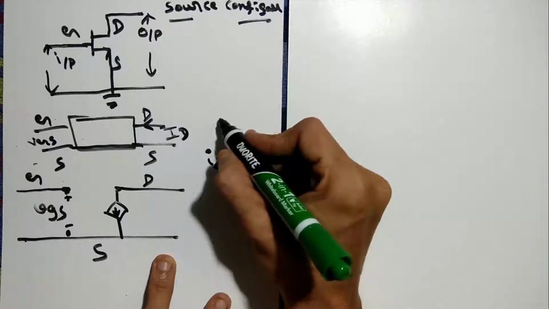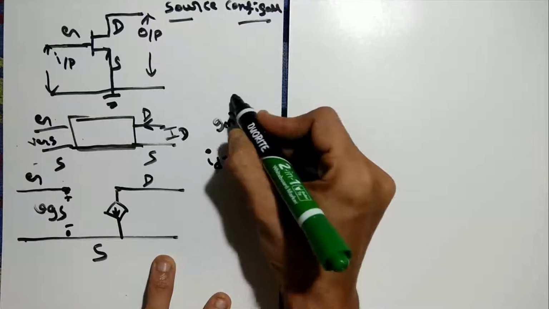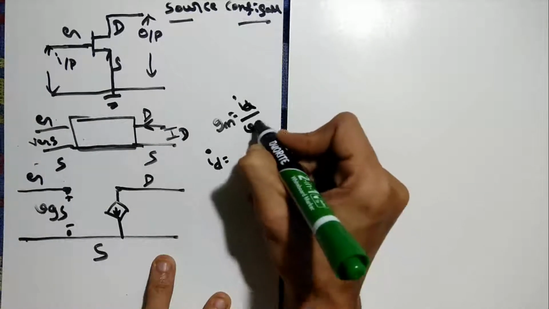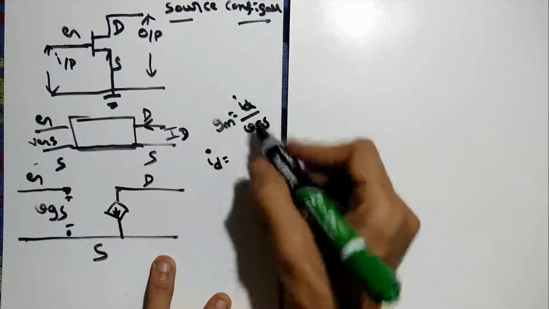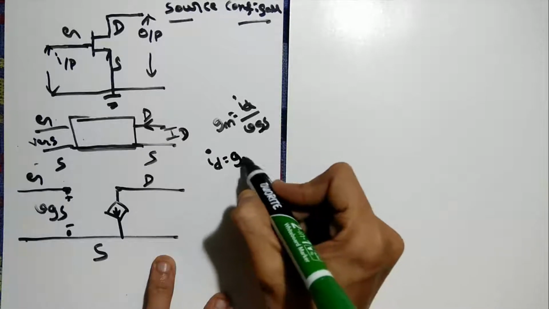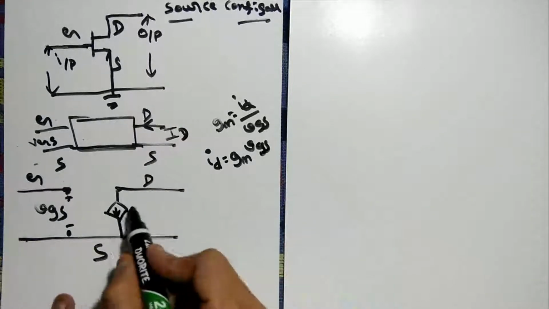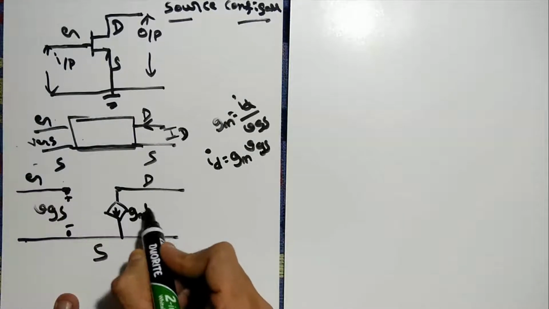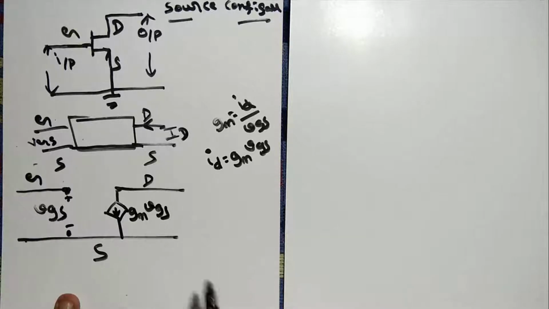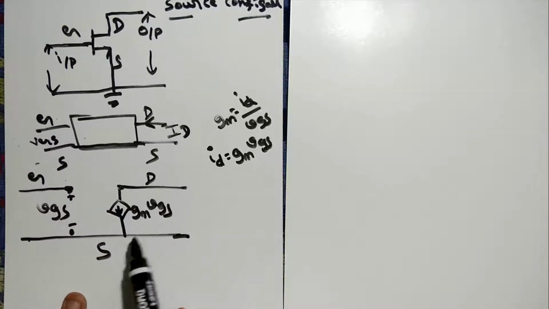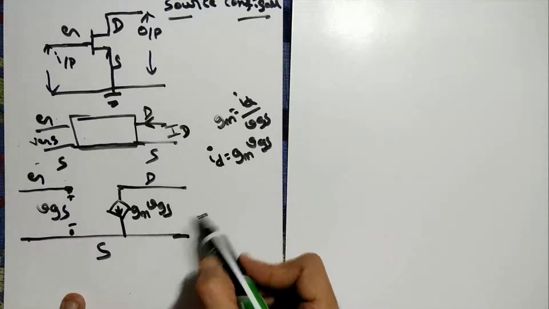We know that GM is equal to ID divided by VGS, so ID becomes GM into VGS. So we can write ID as GM VGS. This is the diagram known as the small signal model.